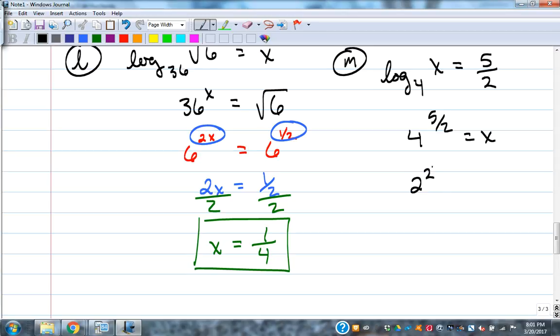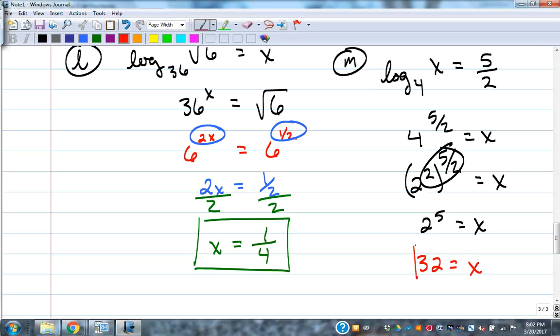Okay, so that's 2 squared to the 5/2. And then those two multiply together, right? That's 2 to the 5th. What's 2 to the 5th power? 32. Got it.